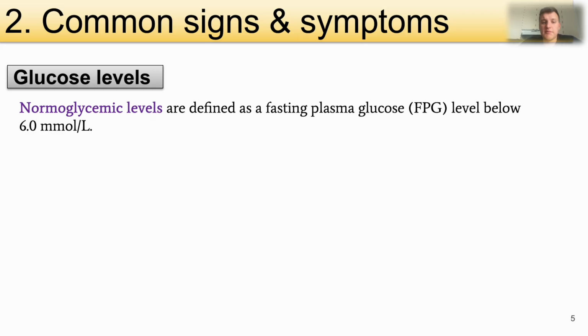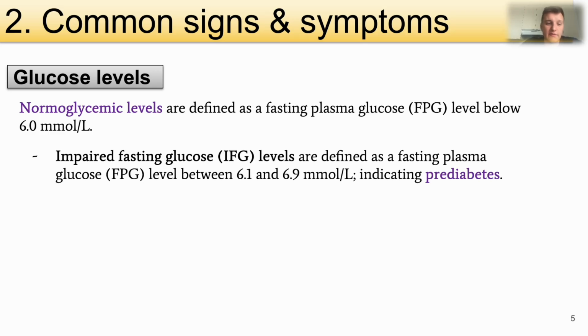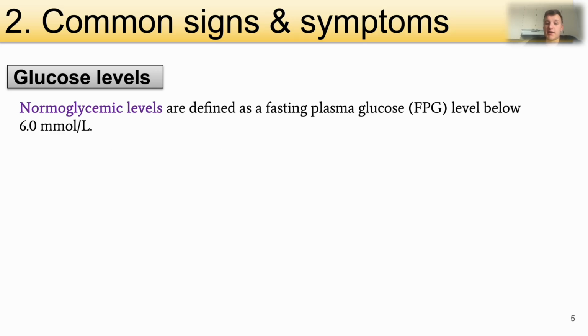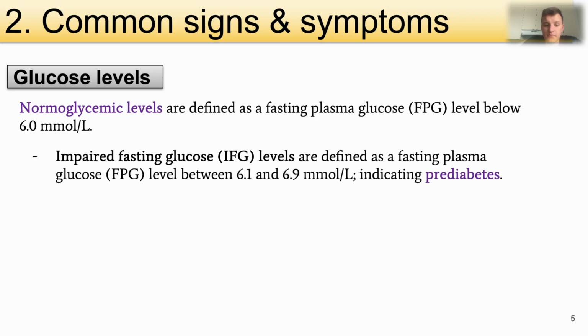So some common signs and symptoms, right? For glucose levels, we could have normal glycemic levels. They're defined as fasting plasma glucose, FPG. In your plasma, you'll measure that glucose. If FPG levels are below 6.0 millimolar per liter, then that's normal.